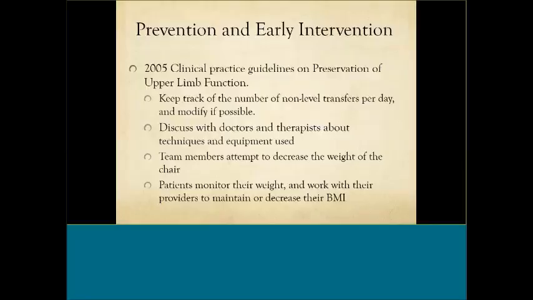Okay, so one is, I think all of us need to keep track of the number of non-level transfers we do a day. So that guy trying to climb into his truck, but you can barely even see his chair. All right, so every single time he's getting up in that truck and getting down, he's probably causing damage to his shoulders. Okay, so how can we decrease that in a day?